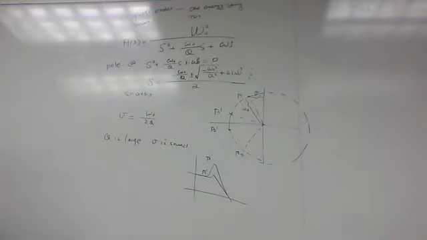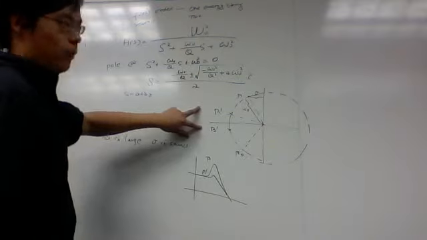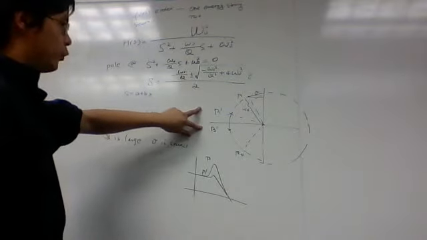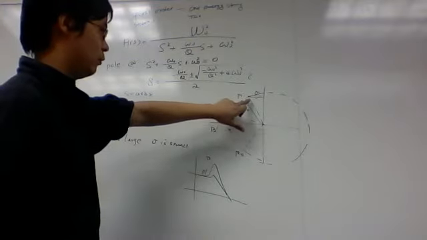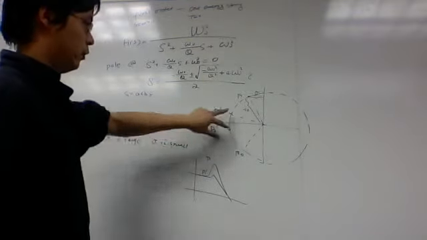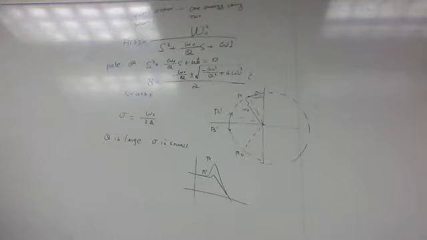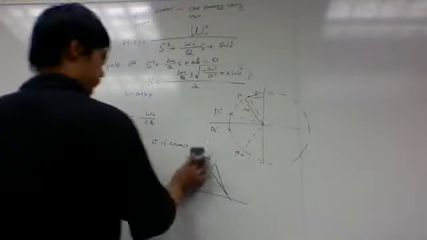So if I give you a pole location, let's say I have two choices. One is this pair, the other one is this pair. For better Q, you probably want to choose this pair, right, instead of this one. So that's it.